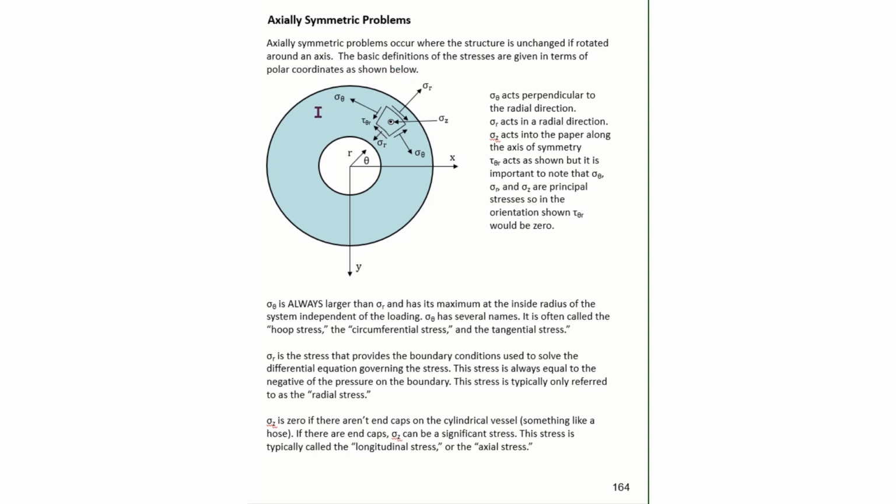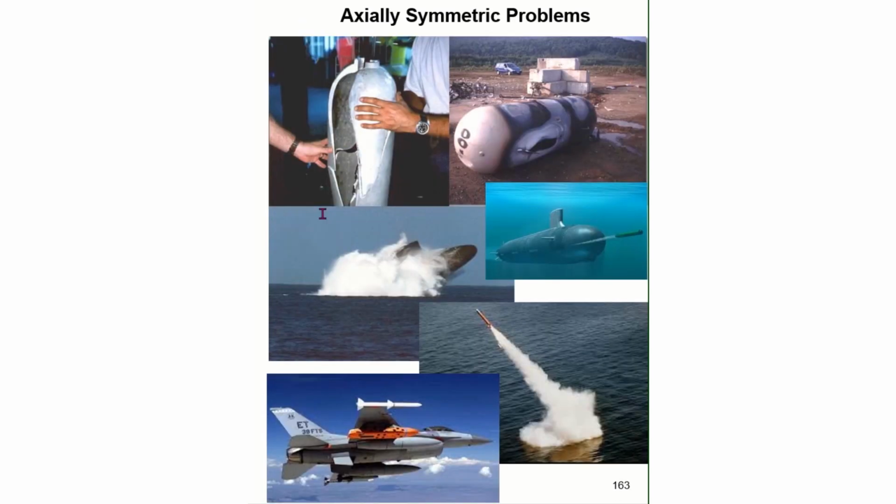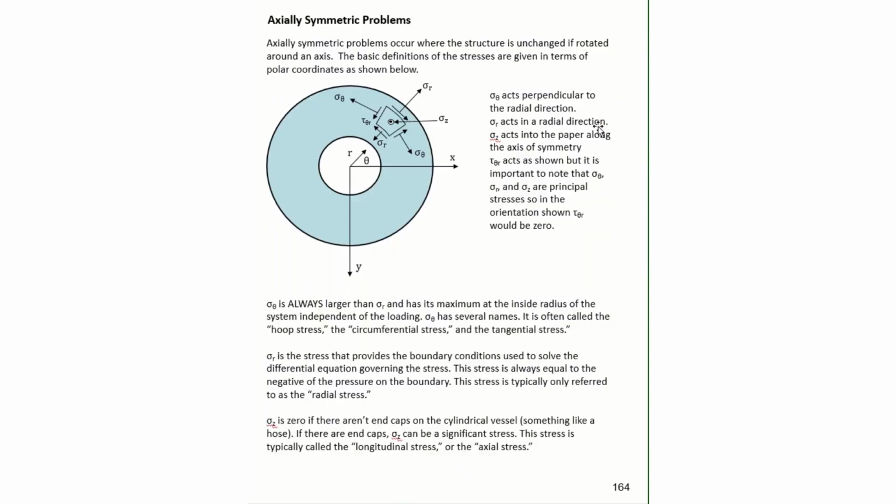Here we're looking down the longitudinal axis of a cylinder. This is the cross section of a thick-walled cylinder. So it would be like taking this pressure vessel and cutting it through in this direction and looking down the axis. In this case, we've labeled the x-axis to the right and the y-axis going down.